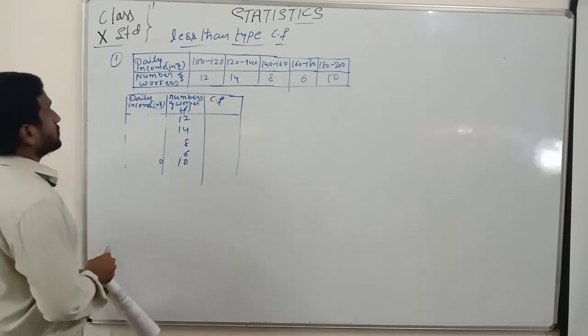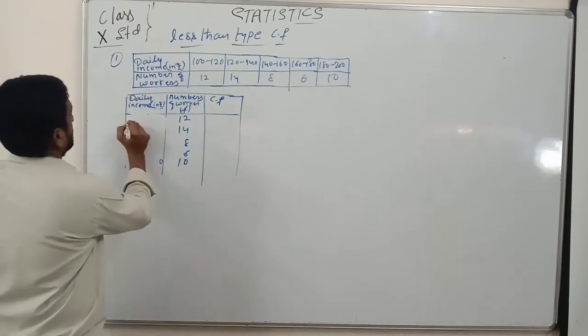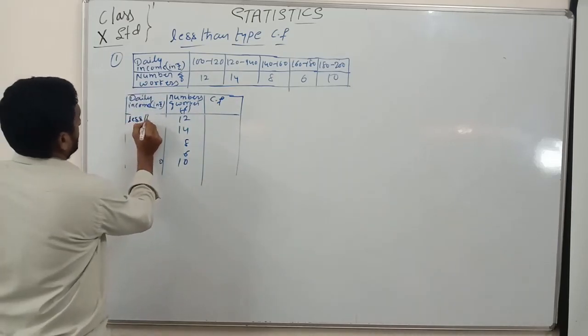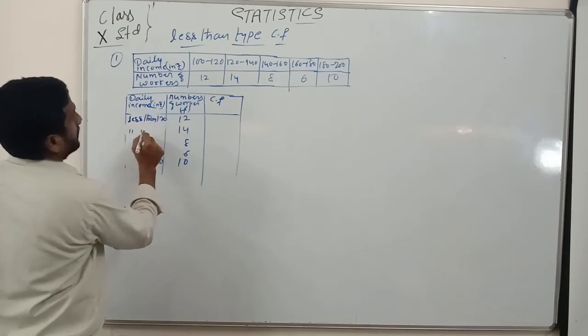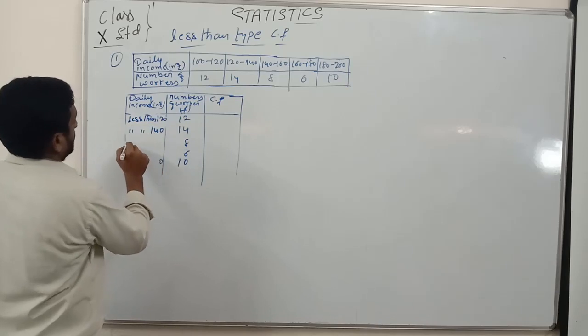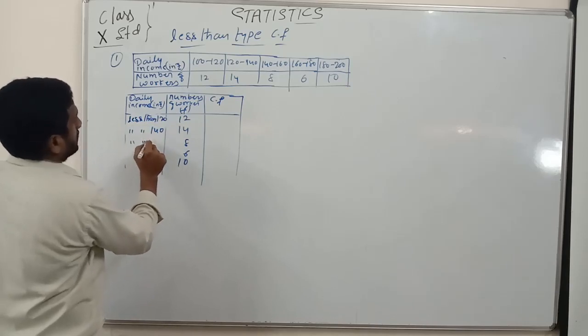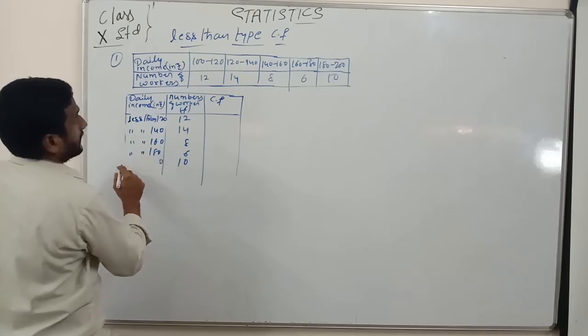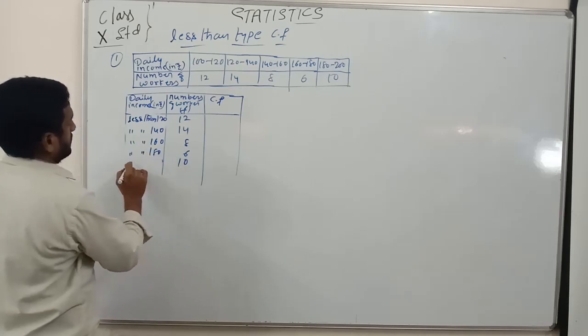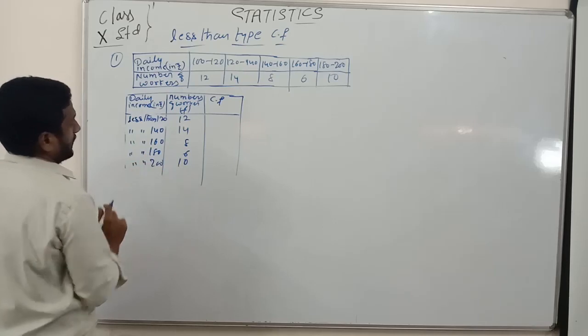So less than 120, again less than 140, again less than 160, again less than 180, again less than 200.